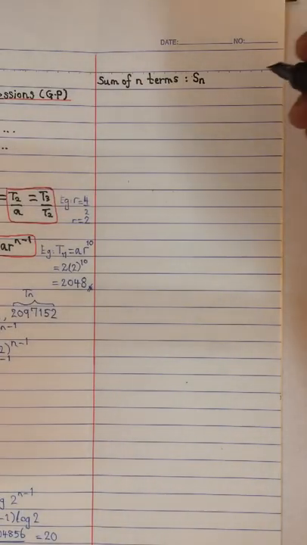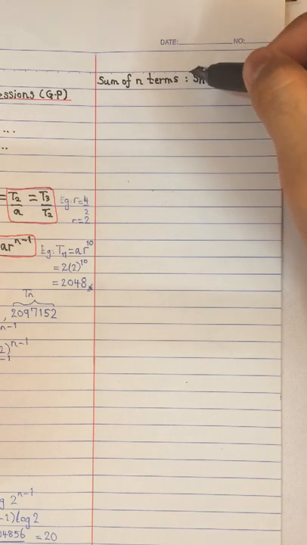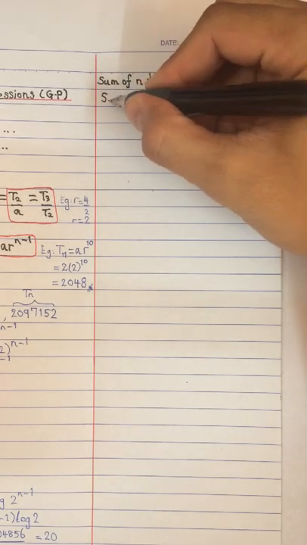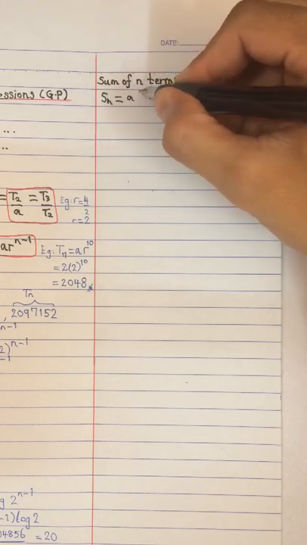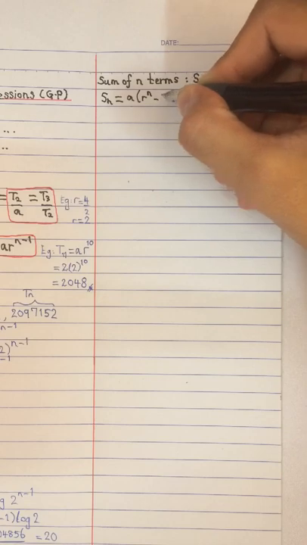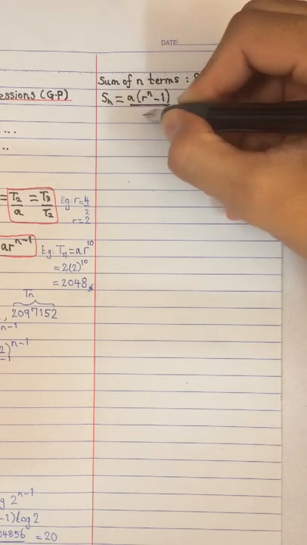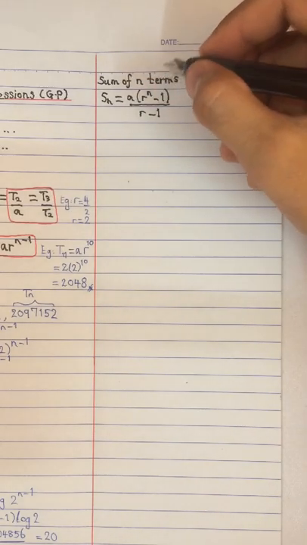Now we are going to continue with the concept of the sum of n terms, which is represented by Sn. Sn is given by A times r to the power of n minus 1 over r minus 1. There are two formulas to find the sum of n terms.